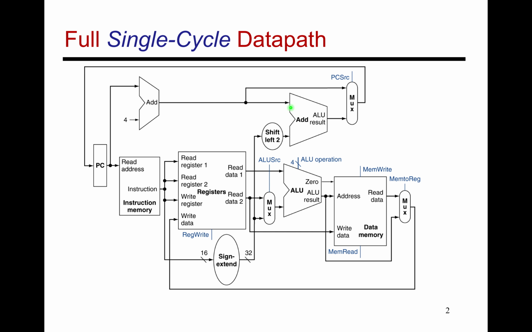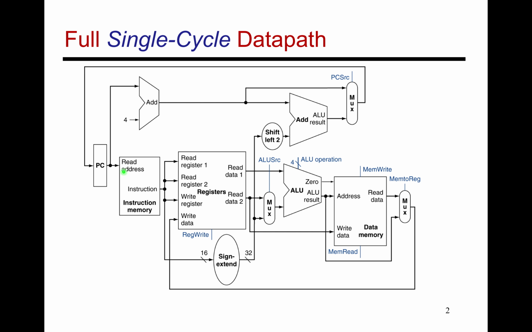Or on this part up here, this combinational logic is going to update the program counter based on the type of instruction and so on. And we have talked about the circumstances under which the program counter gets updated.